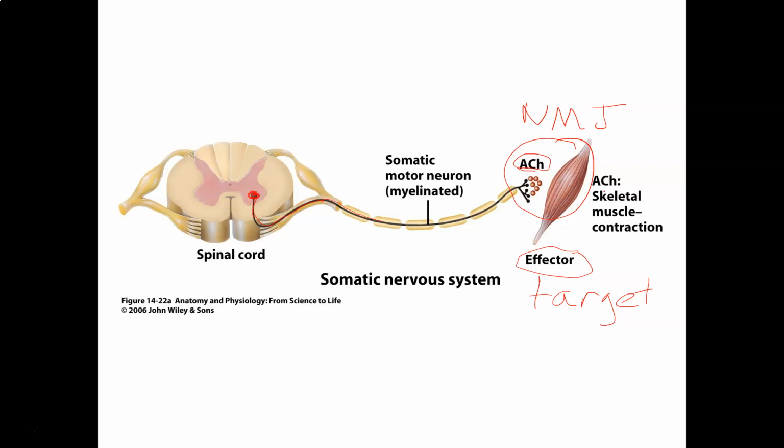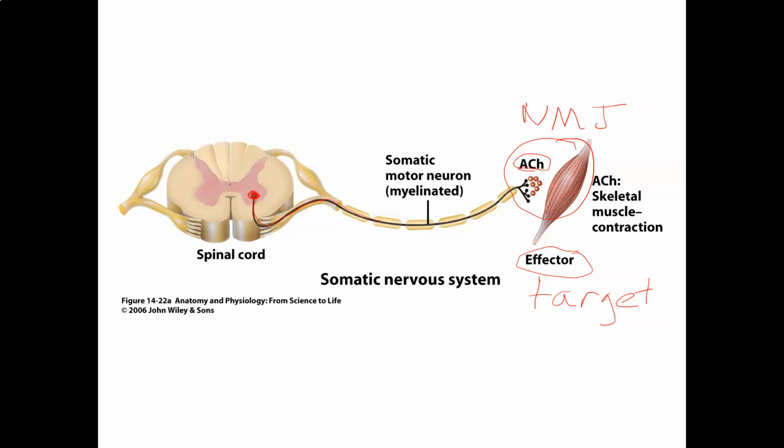So this is all review from things we've studied in the past. So notice that to get from the spinal cord all the way to the muscle, it takes a single neuron; its axon can extend all the way to the muscle.